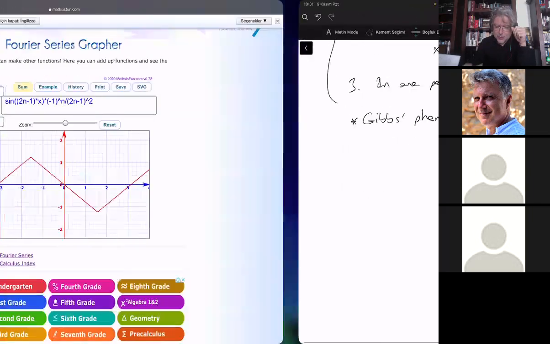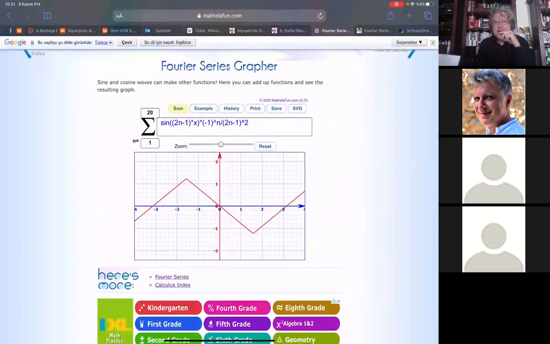And that's why we have a very fast convergence as opposed to the others where the denominator is not n squared, but just n. If the denominator is n cubed, or 2 to the power n, then it means that it's converging very quickly to the original shape. That is something that we expect.